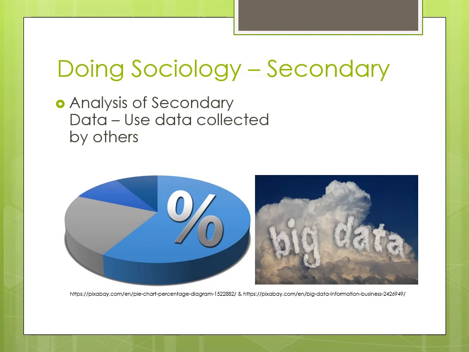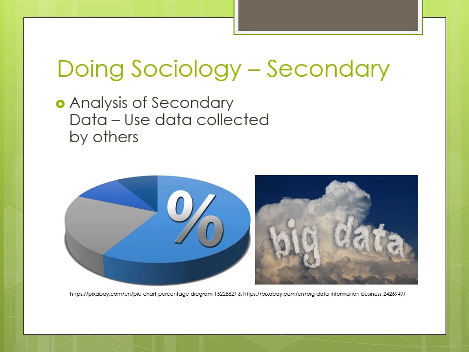Finally, another way of doing sociological research is by looking at data that's out there in the community or the society. One of the biggest sources of data is the US Census data. It's very important in collecting this information because that's how the society knows how many people are in the country, where services may be needed.